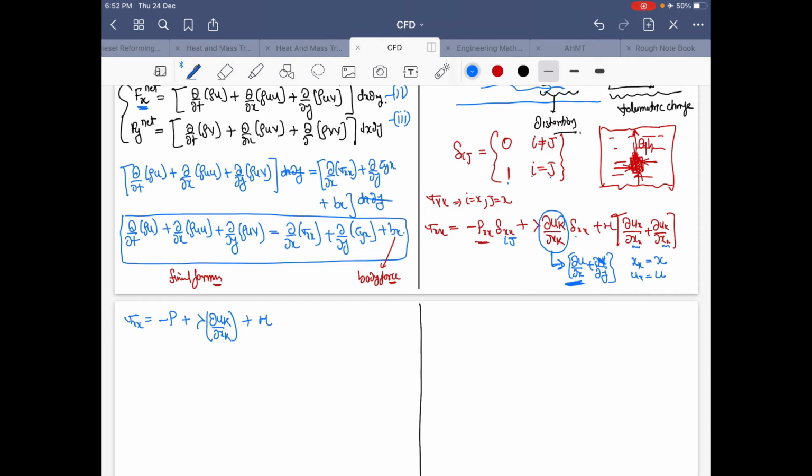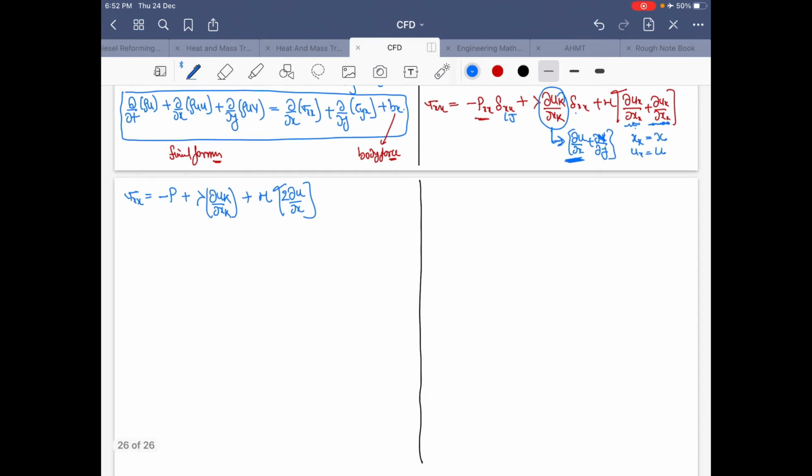Mu is the viscosity of the fluid. Here del u by del x appears 2 times, because these two are the same terms, so this is 2 times. So I can now write sigma xx equal to minus p plus the second coefficient of viscosity del u_k by del x_k. Please remember this term, I will come back to it later. Plus 2 mu del u by del x.